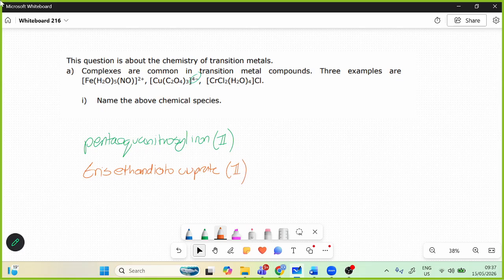It's cuprate because it is an anion. Okay?